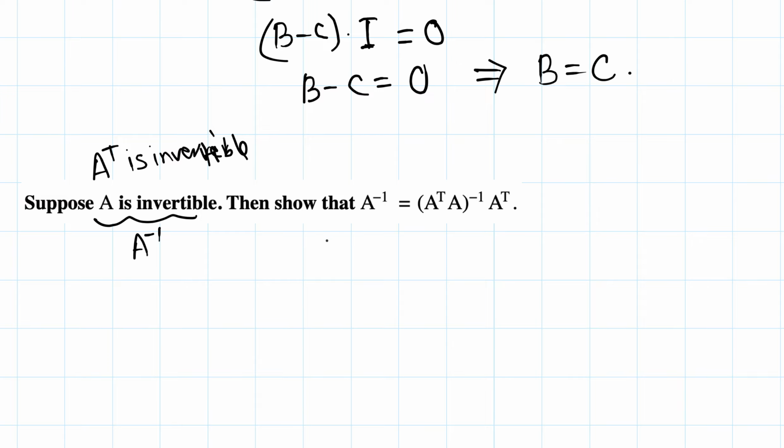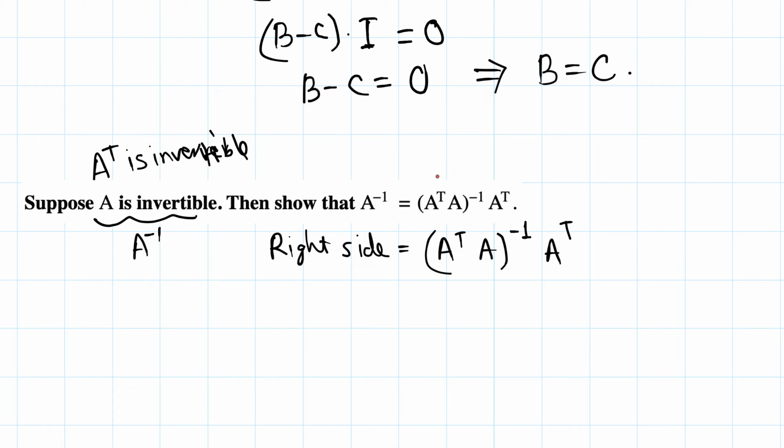Let's work from the right side, because we can manipulate the right side and get the left side. The right side is A transpose times the inverse of A times A transpose.